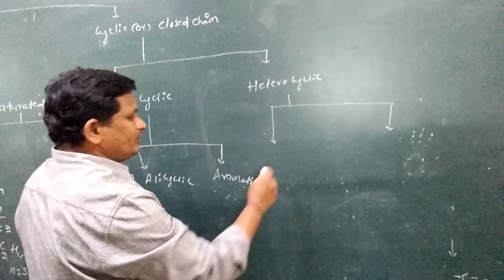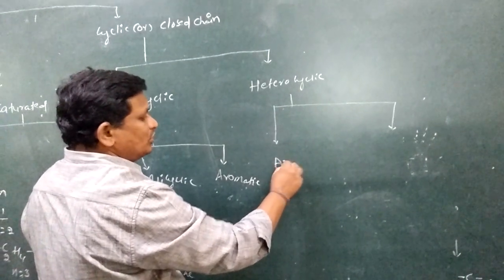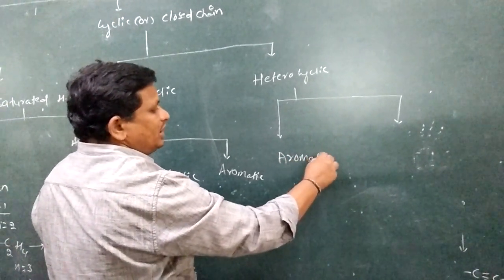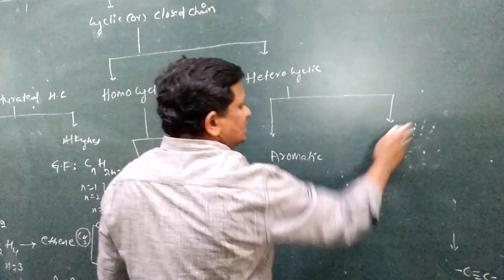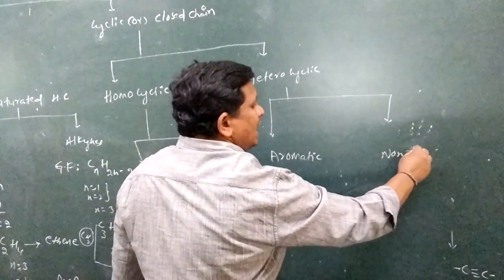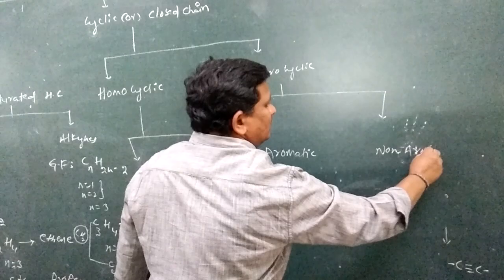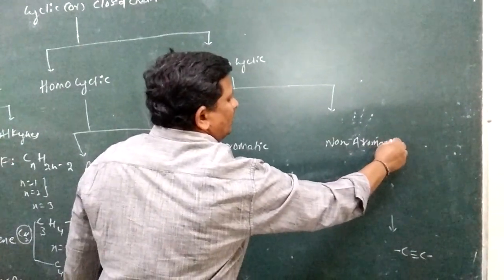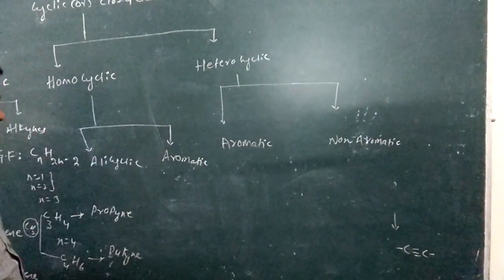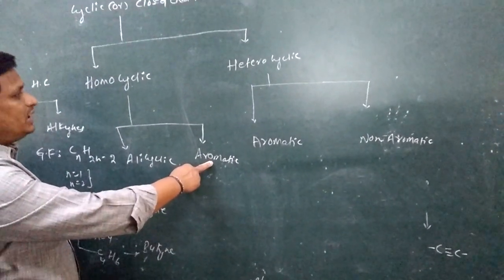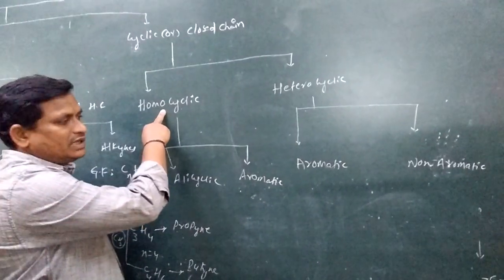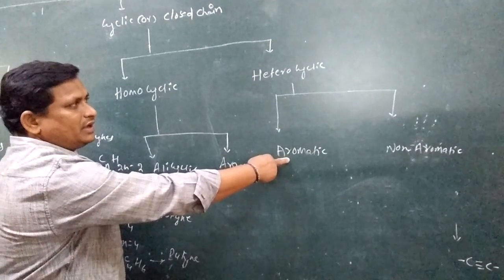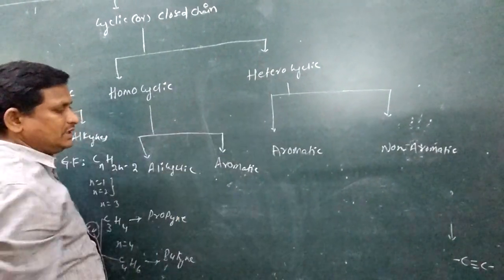One is aromatic compounds and the other is non-aromatic compounds. These are aromatic but belong to homocyclic, while these aromatic compounds belong to heterocyclic.